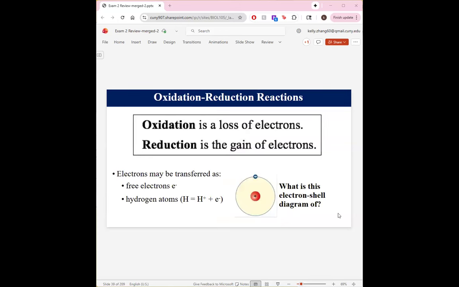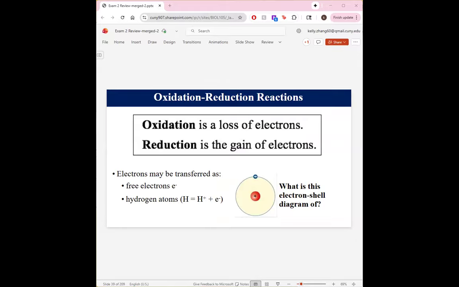Okay, so first, before we go into that, let's go over oxidation reduction reactions. An oxidation reduction reaction is a reaction where one substance transfers one or more electrons to another substance. So it's the transfer of electrons between two substances.